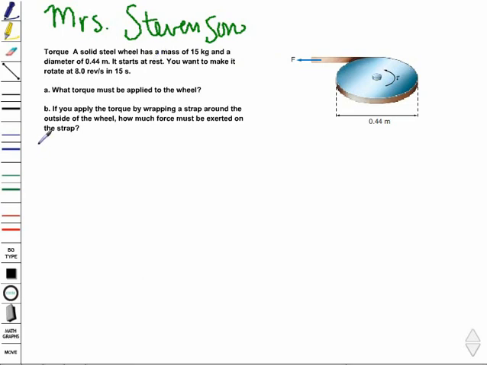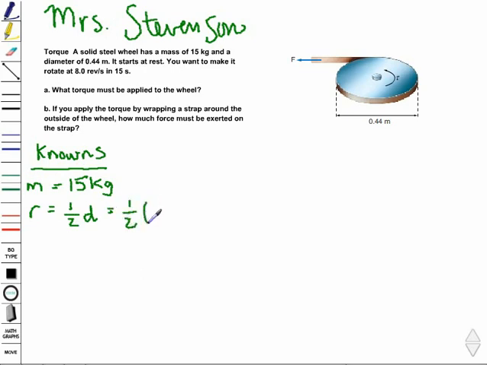In order to start this problem, we need to list our knowns, which in this case we know our mass is 15 kilograms. Our radius, if you remember, is 1/2 of a diameter, and in this case our diameter was 0.44 meters, so we have 1/2 times 0.44 meters, so our radius is 0.22 meters.